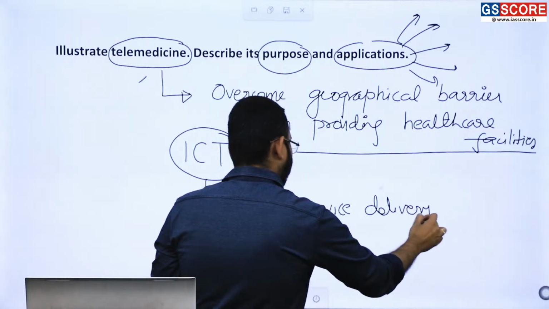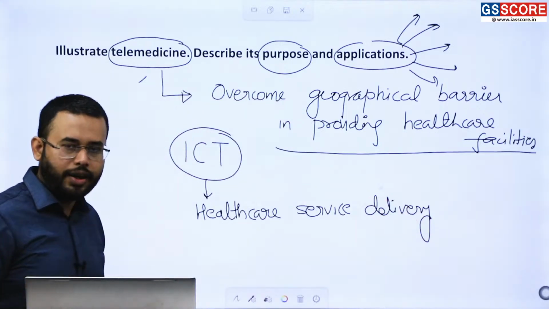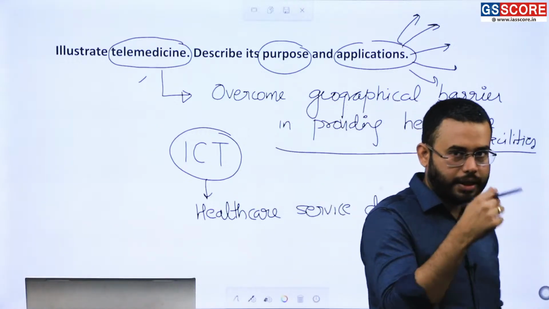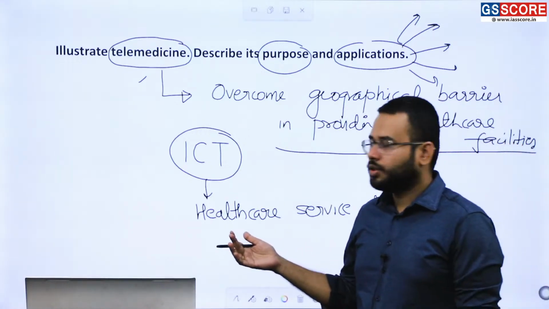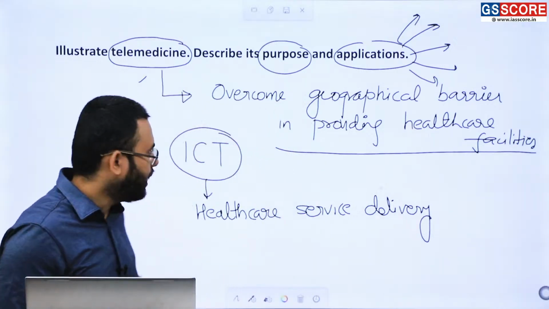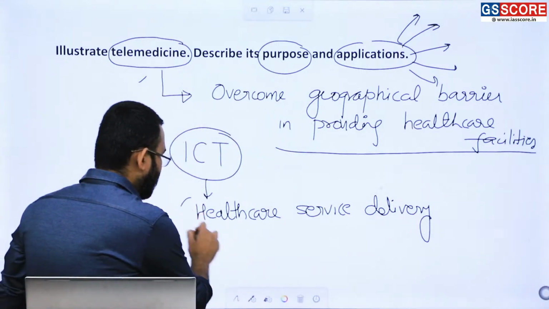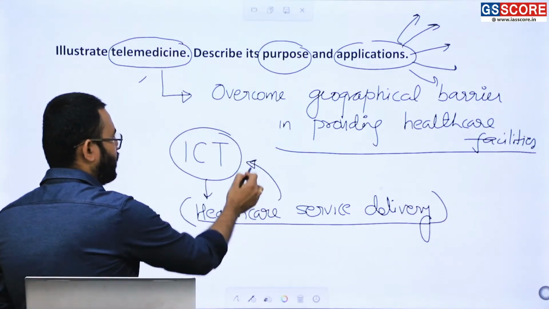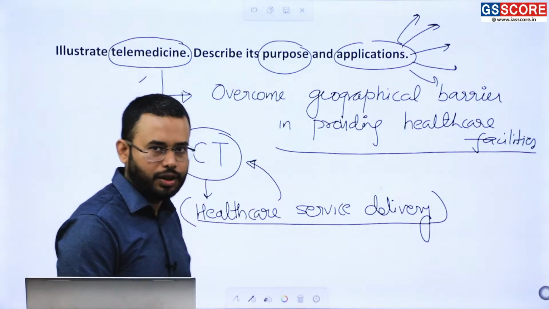Now, ICT can be utilized in various other aspects also. ICT means information and communication technology, so it can be utilized in so many aspects. Telemedicine is one example of healthcare service delivery where we are incorporating telecommunication technology, right?